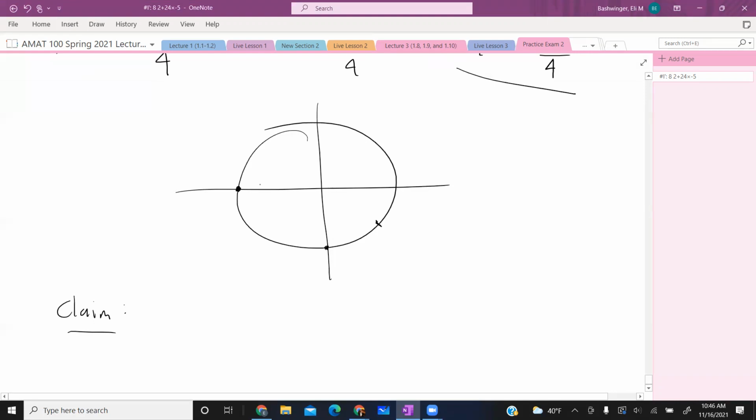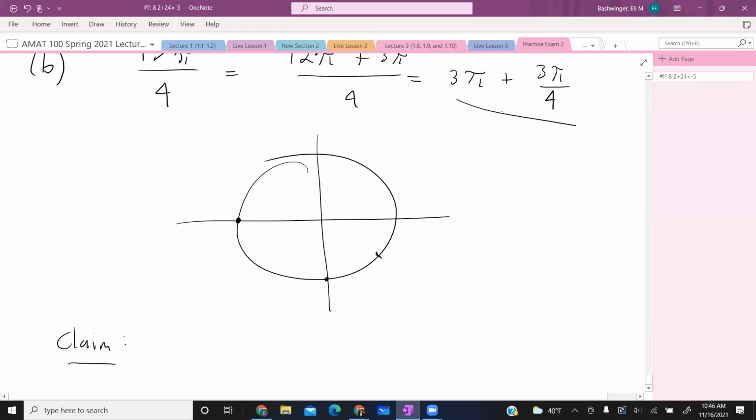For that to be the case means that 3 pi over 4, the distance you travel from here to here, is greater than traveling just pi over 2, which would land you here, right?